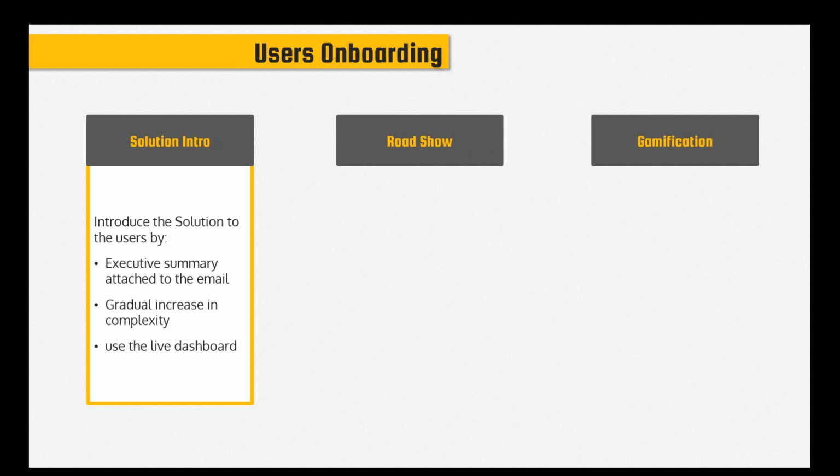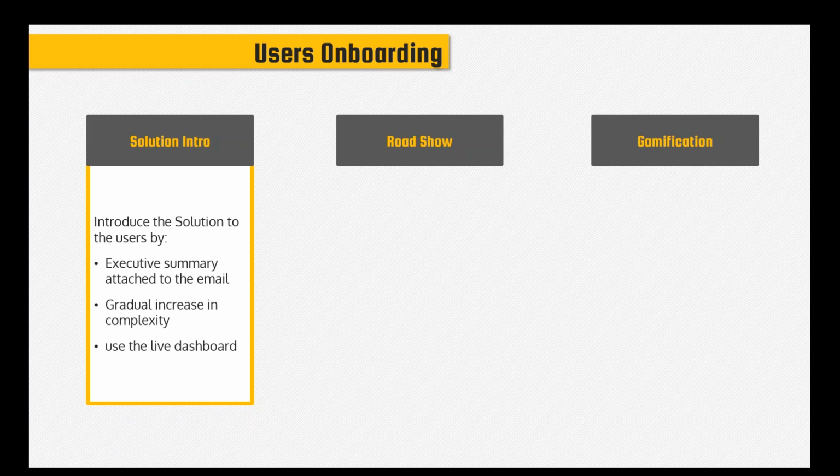This can be the reason that you chose to measure these KPIs. We also suggest having some kind of gradual increase in the complexity of the dashboards that you post.